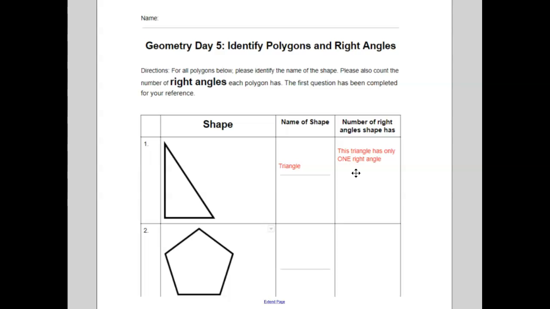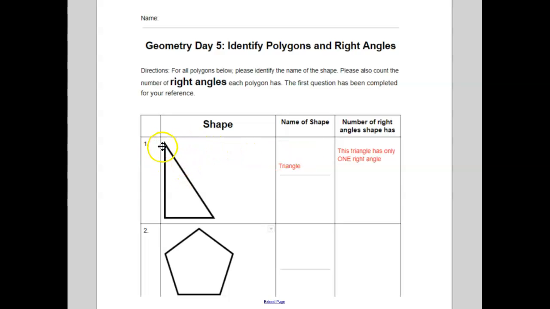Boys and girls, let's look at this first one together. So I'm going to determine the name of the shape by counting the side lengths. There are 1, 2, 3 sides. So I know right away that the name of this shape is a triangle. It has 3 sides. Now I'm going to determine how many right angles it has.